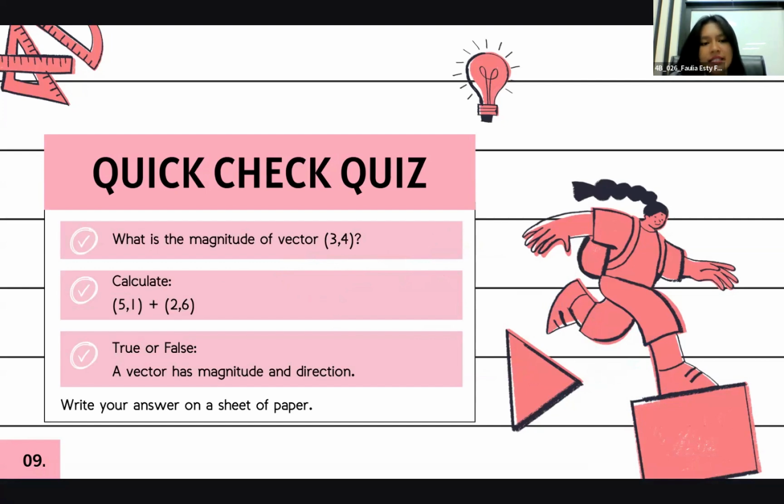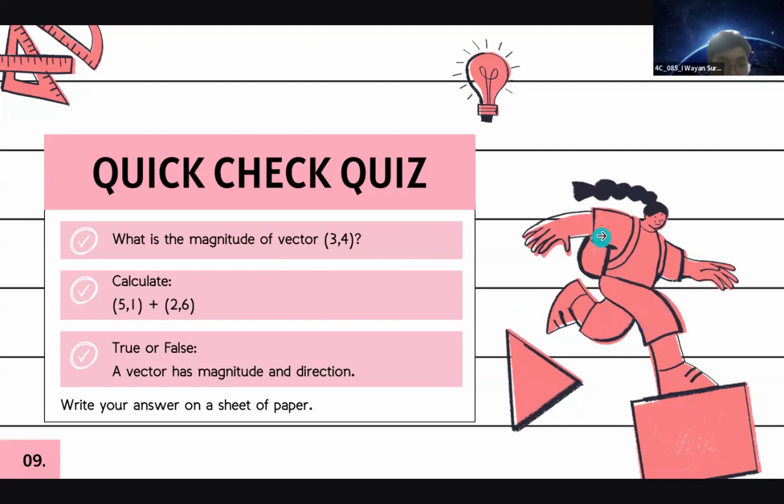Okay, now let's do a quick check quiz. Question number 1 is, what is the magnitude of vector 3, 4? 5, Miss. Correct. And then question number 2 is, calculate 5, 1 plus 2, 6.